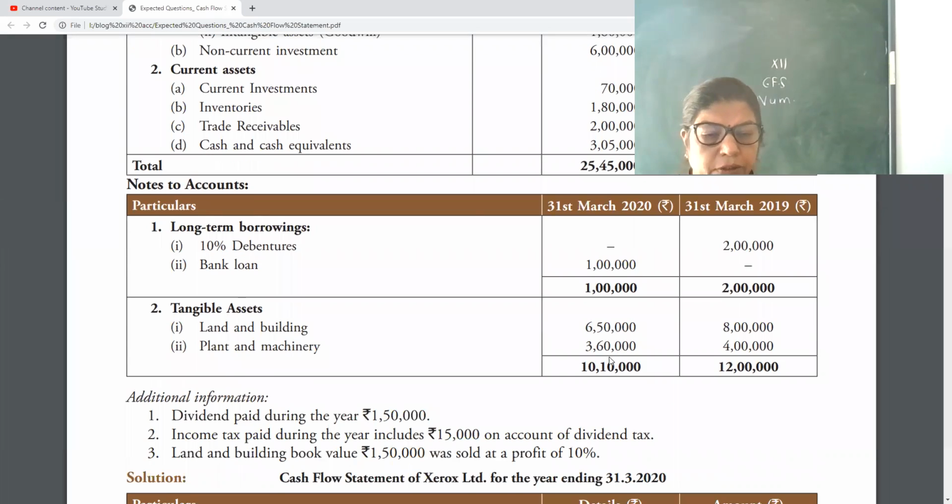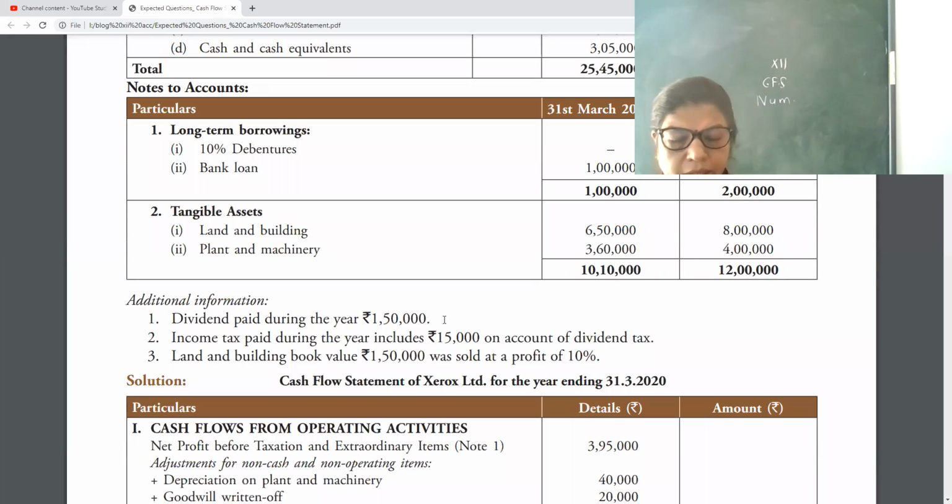Now see, dividend paid during the year, that is under operating and financing activity, income tax paid during the year, that is also provision for taxation account, and land and building of book value 1 lakh 50,000 sold at a profit of 10%.